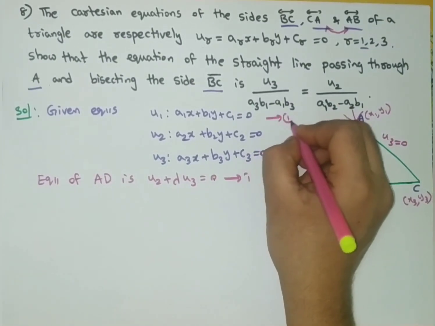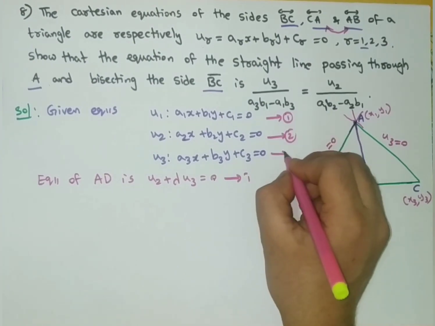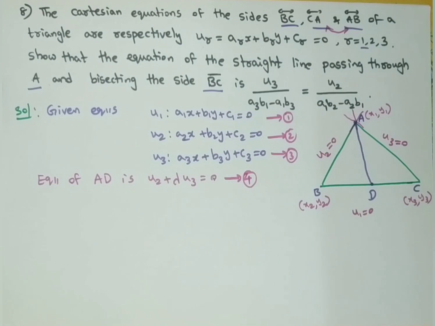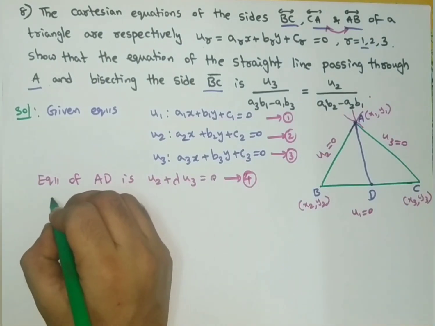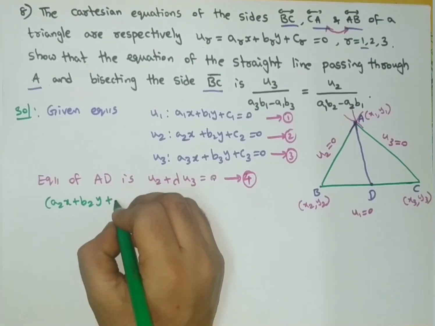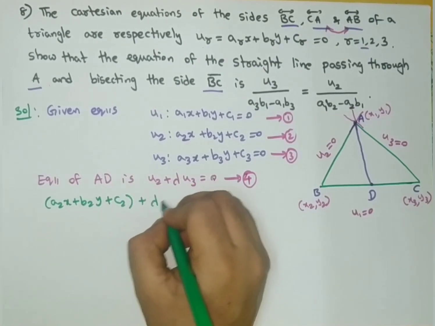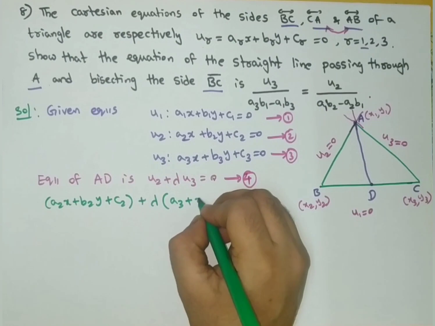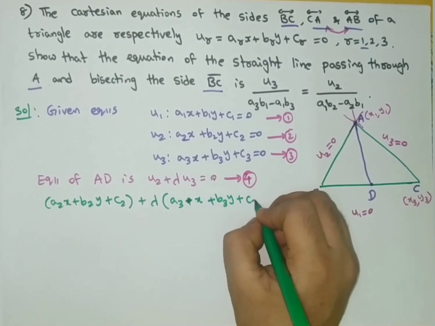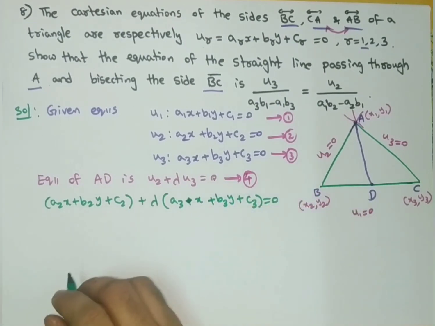This is equation 4. That is, a2x + b2y + c2 + λ(a3x + b3y + c3) = 0.